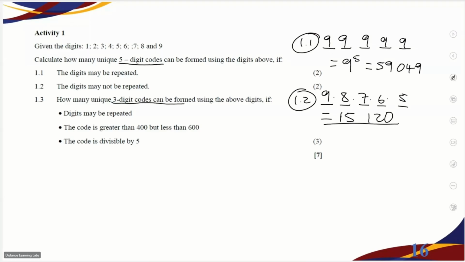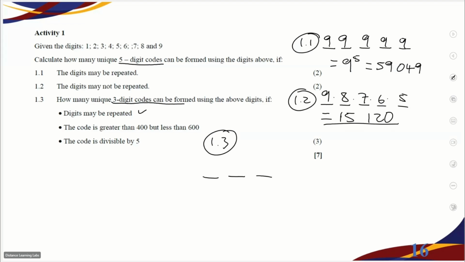3-digit codes can be formed, meaning we are no longer creating 5 spaces. A code that you create now has 3 digits. For 1.3, we are having 3 spaces now: 1, 2, 3, because it is a 3-digit code. Number 1, they are saying digits may be repeated, meaning a number can be used many times.